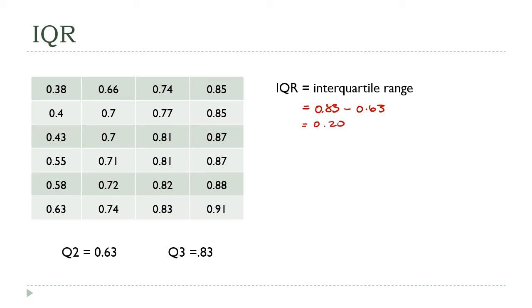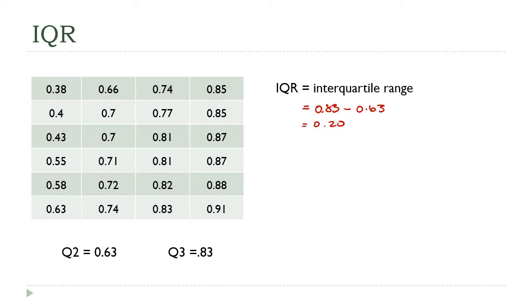And what I'm going to do here is actually very similar to what we did with standard deviations and z-scores. When I was talking about standard deviations, I said plus or minus 2 standard deviations from the mean. Well, here I'm going to do plus or minus 1.5 times the interquartile range above and below the median.